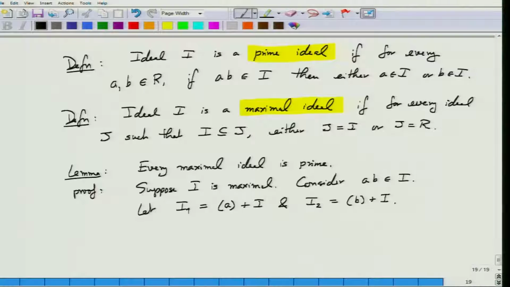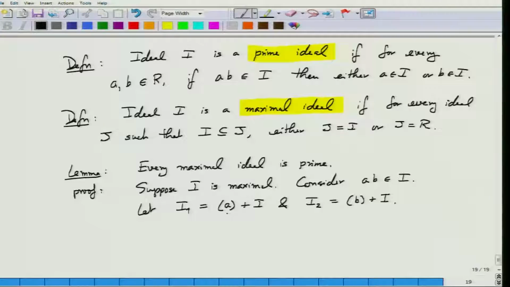Both contain the ideal I, and since I is maximal, what does it mean?